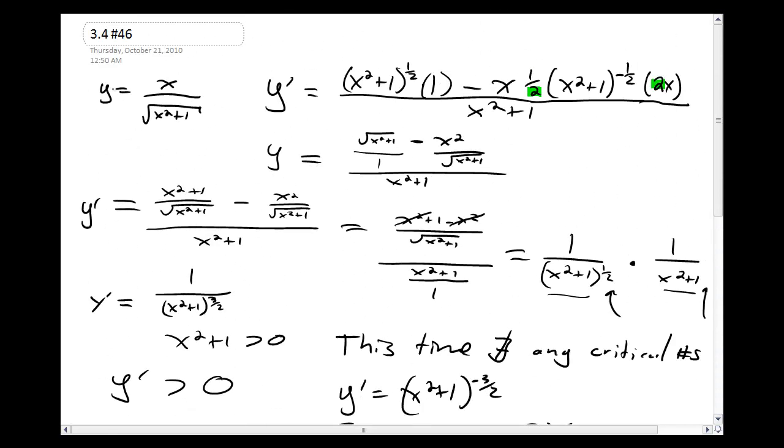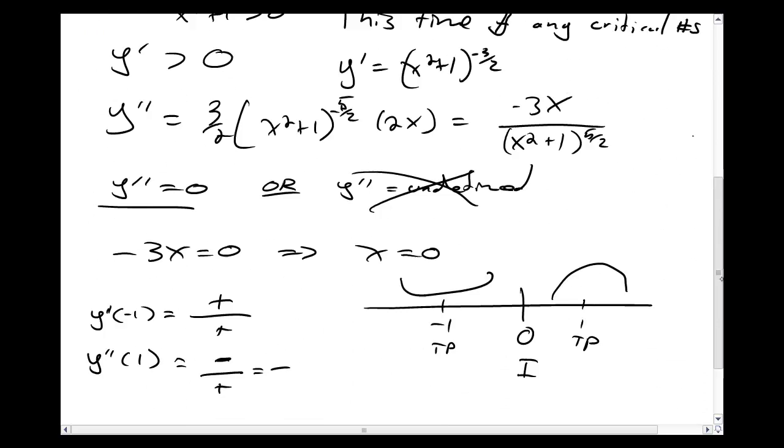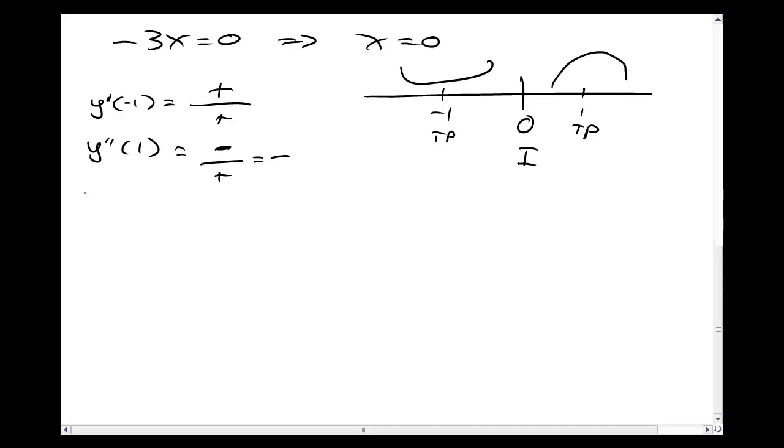The last thing I'm interested in dealing with here is going back and taking my original equation and talking about horizontal asymptotes. I think we're probably pretty happy that the limit as x goes off to infinity of this guy is going to be 1. Let's talk about what happens as the limit of x goes off to negative infinity.